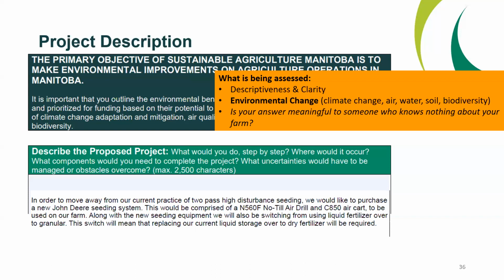The switch will mean that replacing our current liquid storage over to dry fertilizer will be required. So there's a few very concise sentences there that show what they're planning to do step by step, where it's going to occur, and what components they need to complete the project.